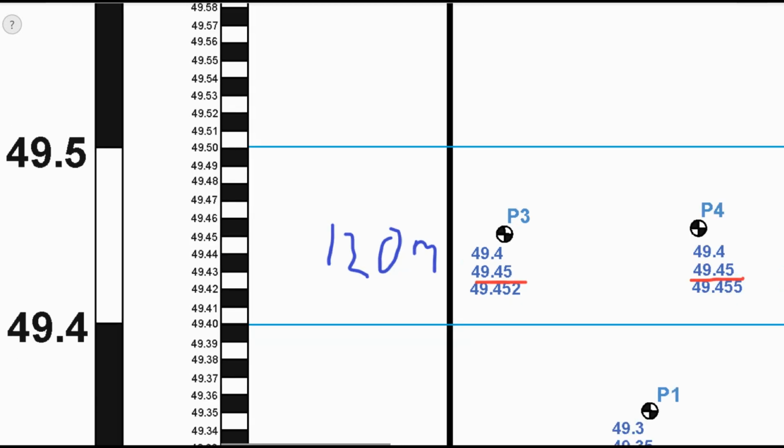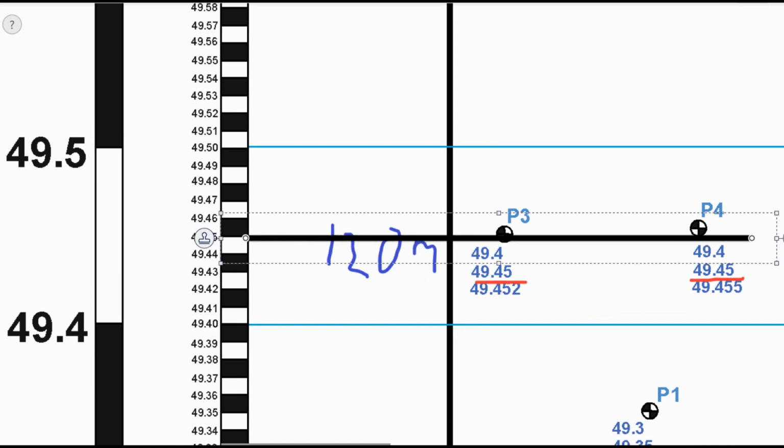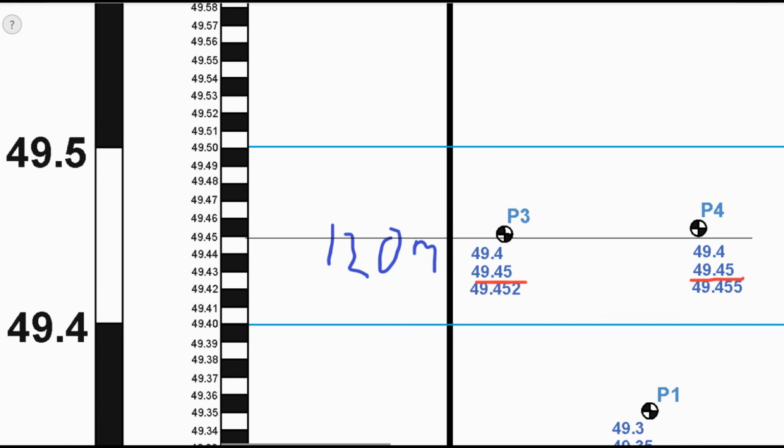We have these two wells in this centimeter, from 45 to 46.